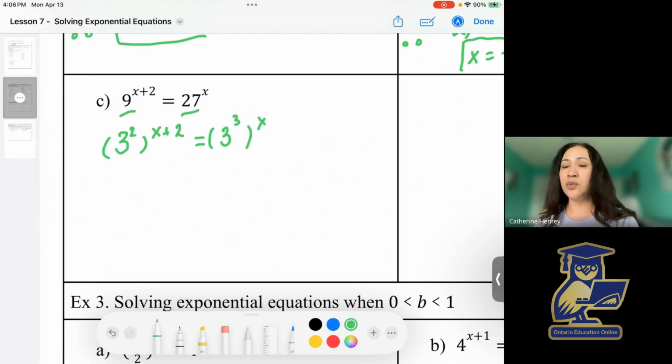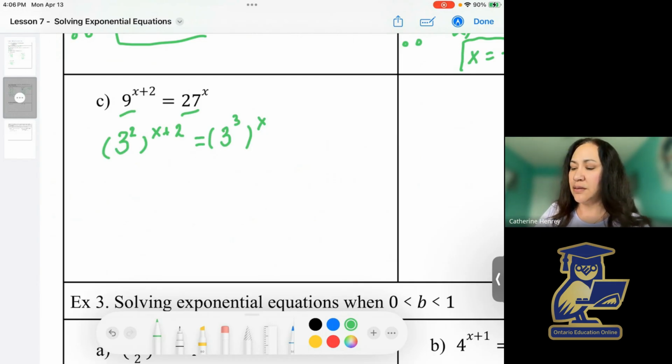Power of a power means we're going to multiply all of these exponents. We have the same base, so we'll have 3 to the power of 2x plus 4. On the right side, we'll have 3 to the power of 3x.